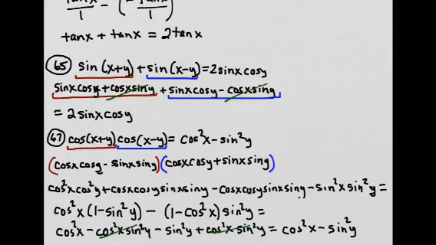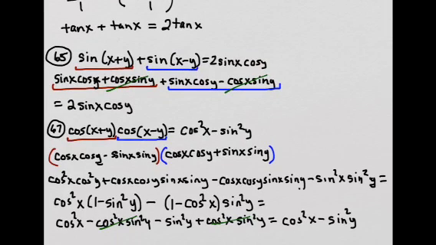Okay, for 67, again I color coded it, so here's cosine of x plus y, cosine of x minus y. We want to make it equal to this. So in the red parentheses is what you get from expanding this. In the blue parentheses here is what you get from expanding this. And this is a product, right? Multiply.